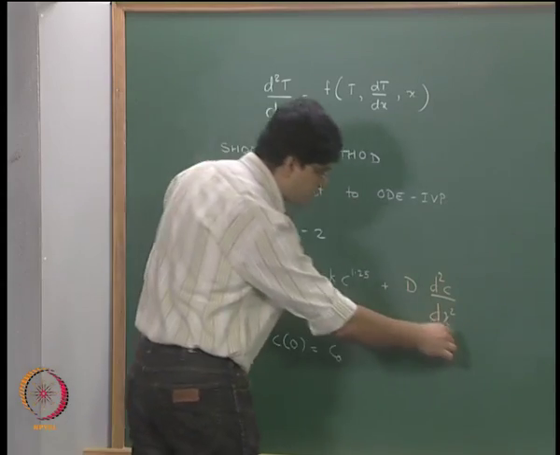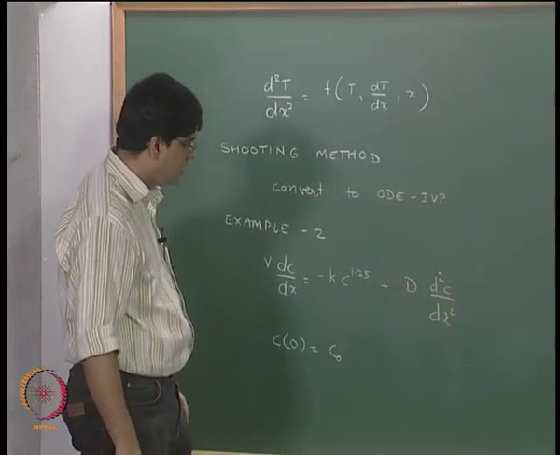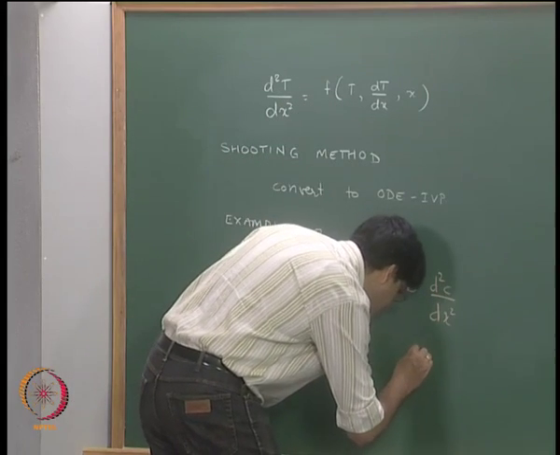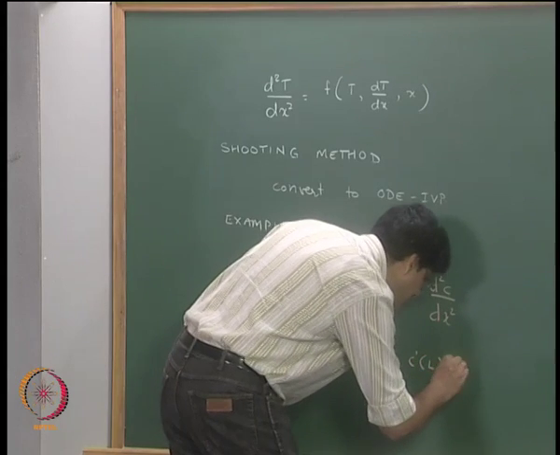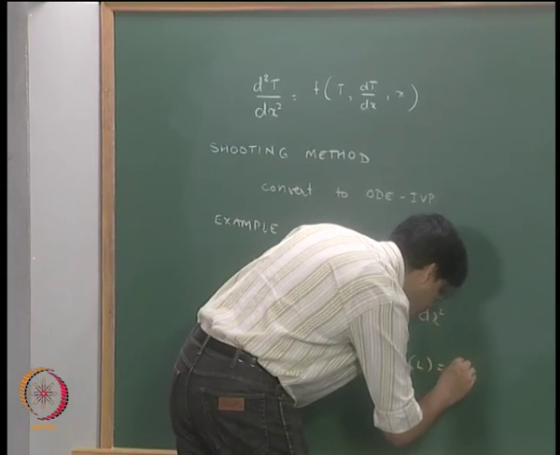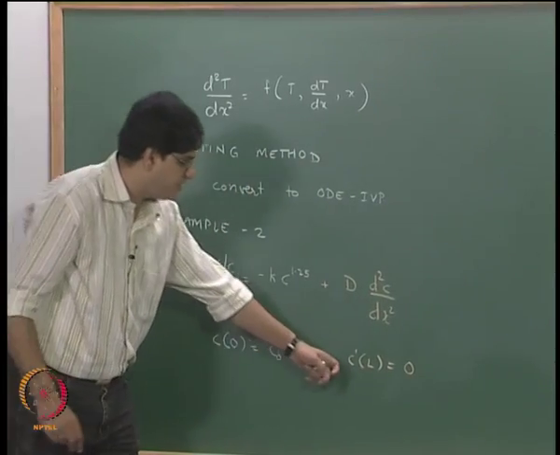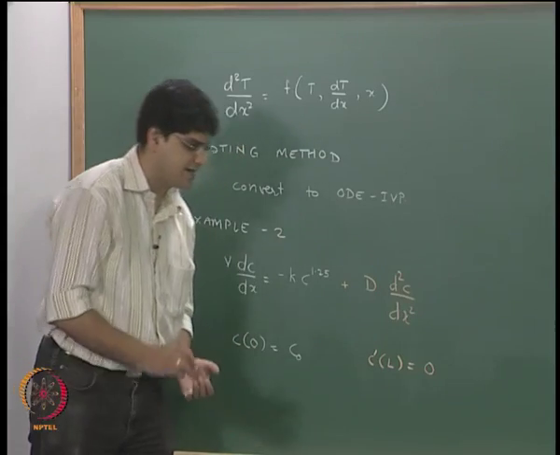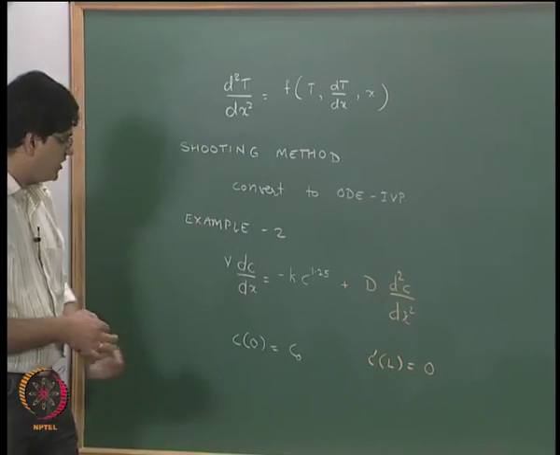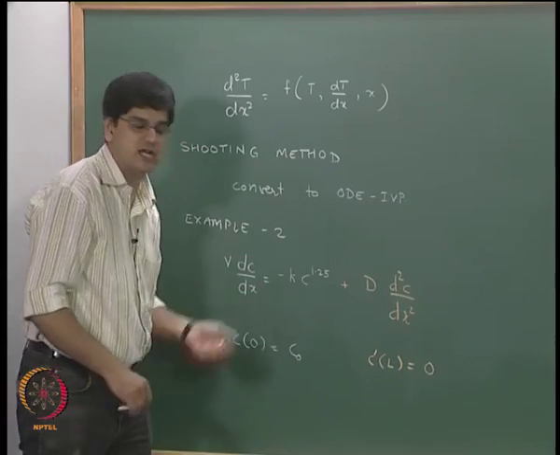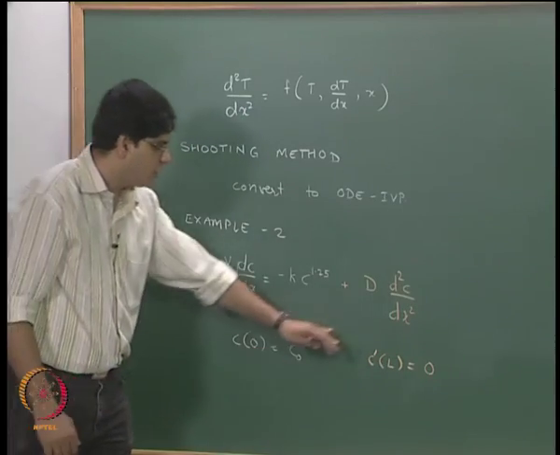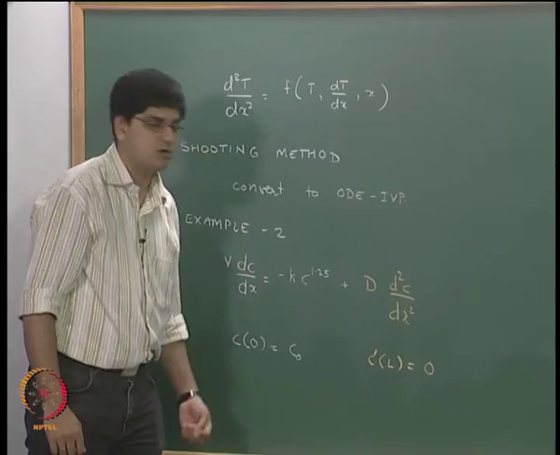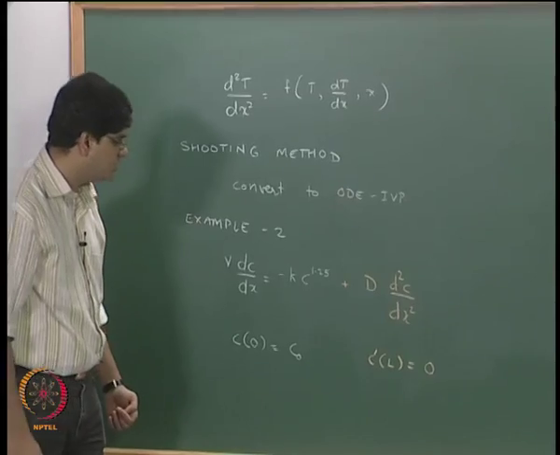With d squared C by dx squared also included, we will need a second boundary condition, and typically the second boundary condition is C dash of L equal to 0. So the first derivative of the concentration vanishes at the end of the reactor. What I have shown in white is what we solved in the previous module. What I am showing in pink, along with the original equation, is the problem we are going to solve in this module.